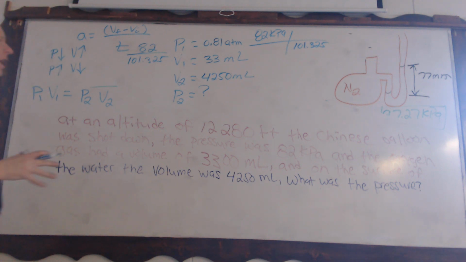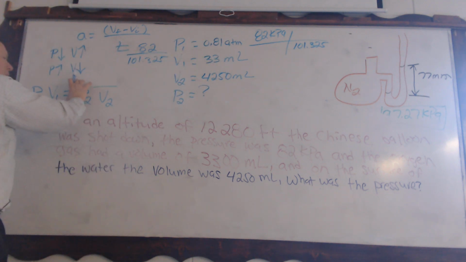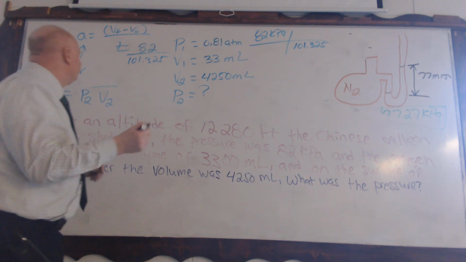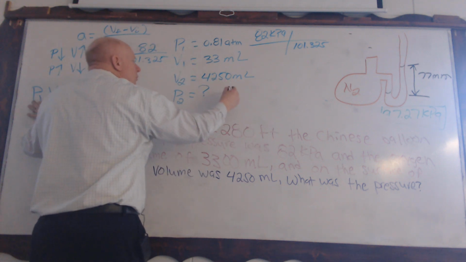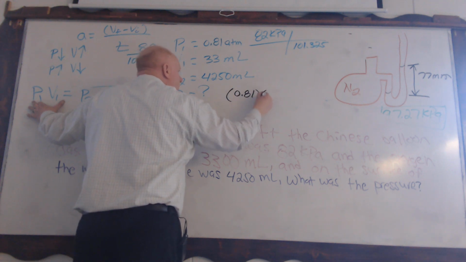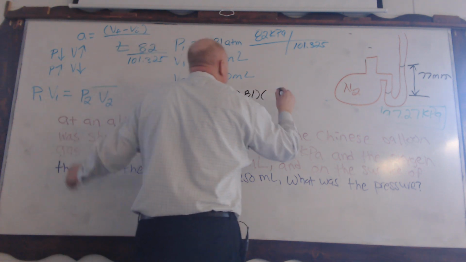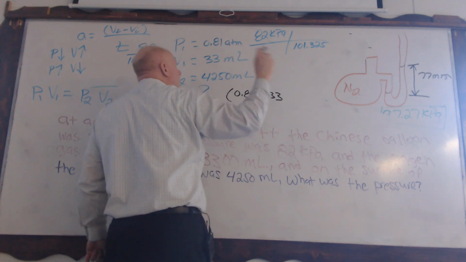Okay, so how do we solve for this? Once you have this set up, you just do what this formula tells you to do. We've got our initial conditions, 0.81 times, oh, I put it in liters, didn't I?